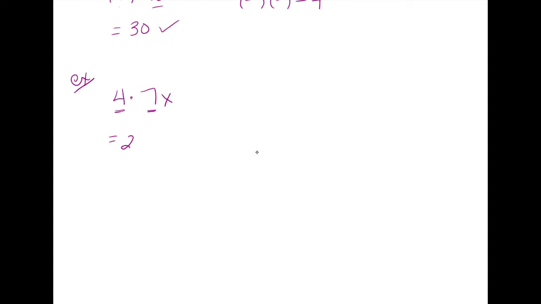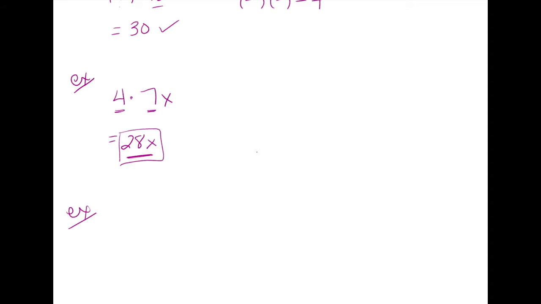So 4 times 7 is 28, and then we're going to multiply that times x. And remember now that we're in pre-algebra, we don't need a sign for multiplication anymore. We assume it's multiplication when I put things together with no operation. So we're going to get in the practice of writing it that way. It should just be 28x.